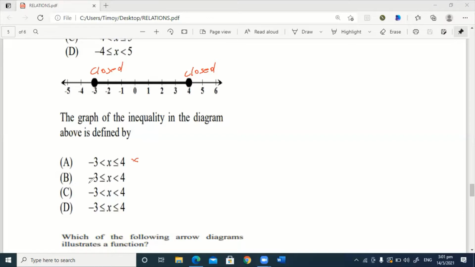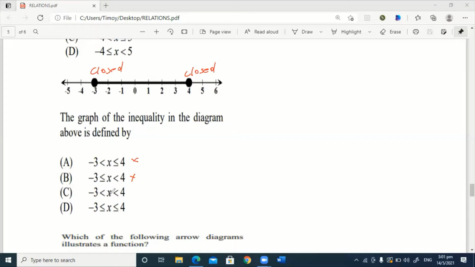Would B be the answer here? It is now accounting for the fact that it closed at -3, but it is saying it is open at 4, which is not true because it is closed. So B is not the answer either. For option C, it says x is greater than -3 and x is less than 4.